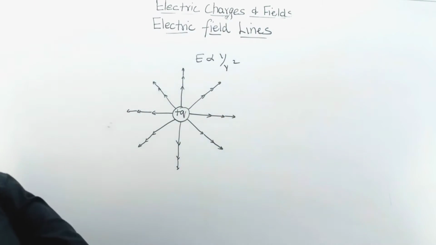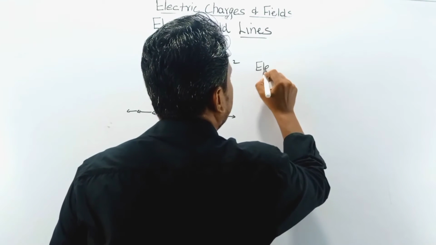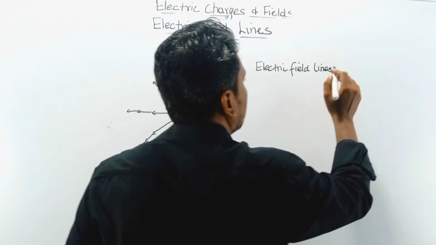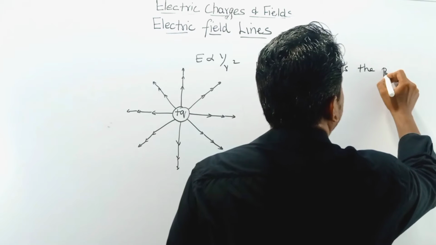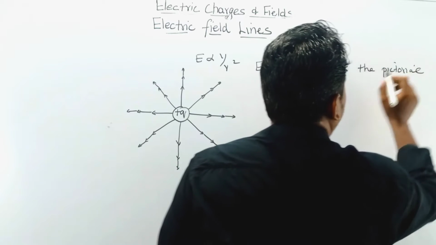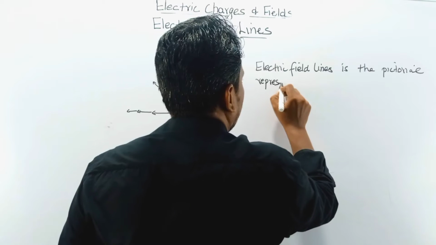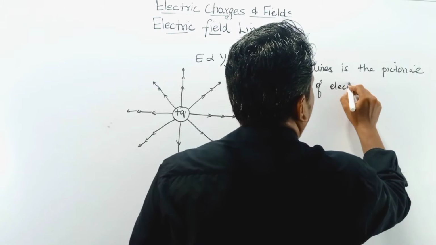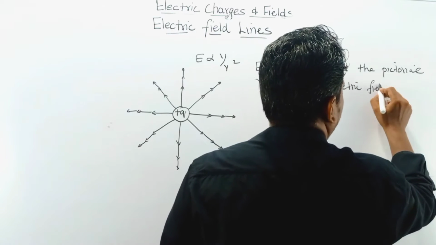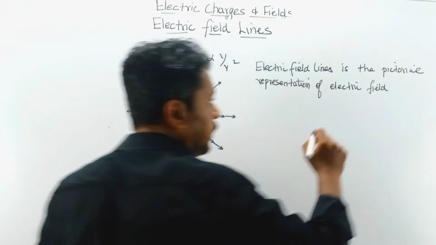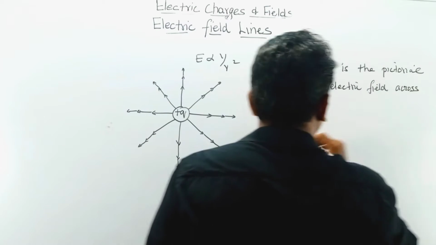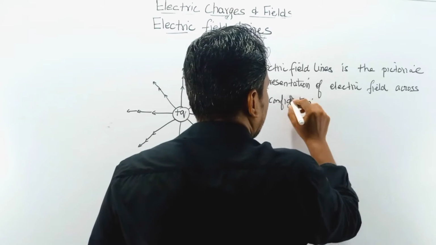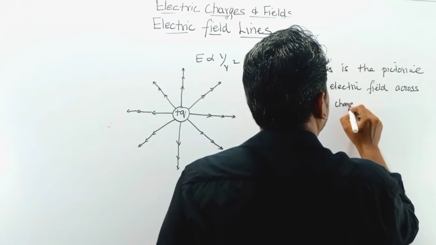Electric field lines are a pictorial representation of the electric field across a configuration of charges.